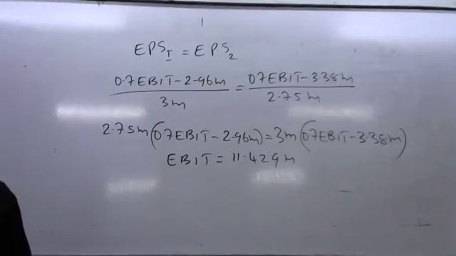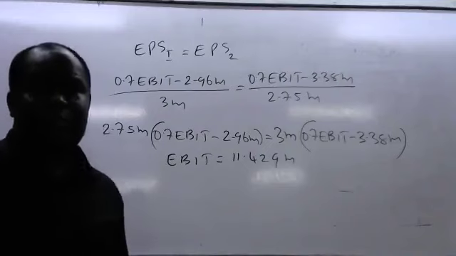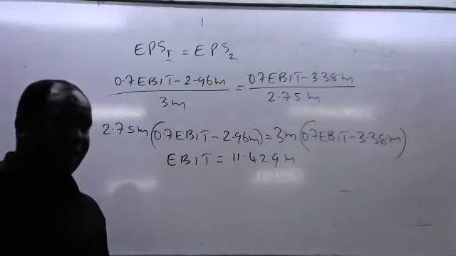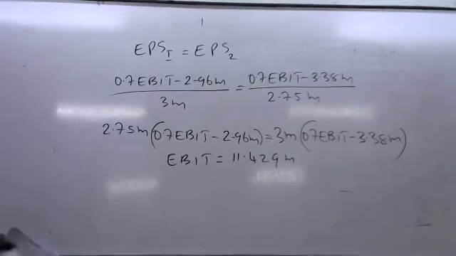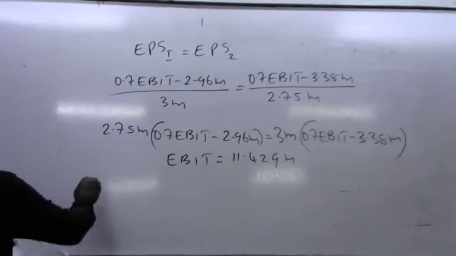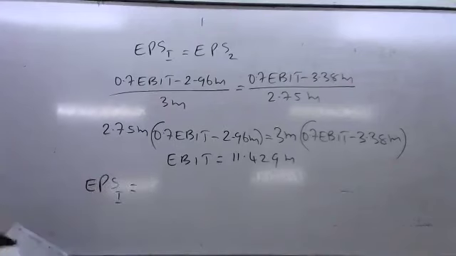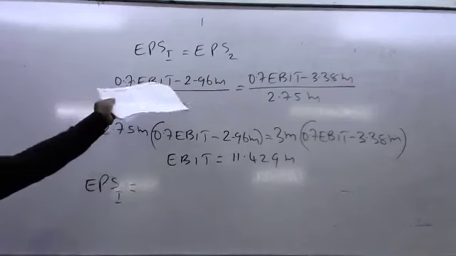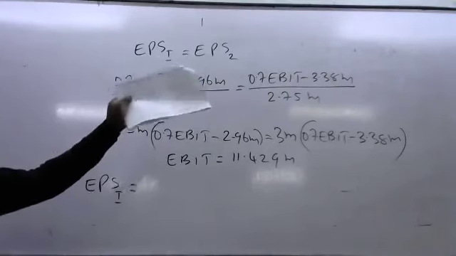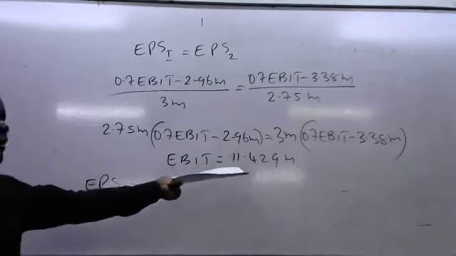Now we go to the Roman letter 2, where you are to compute earnings per share at the point of indifference. For option 1, we go to the equation the way it is. Where there is earnings before interest and tax, we put that figure.